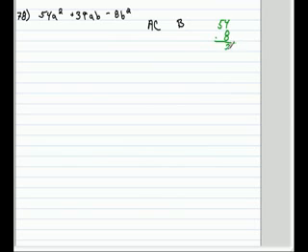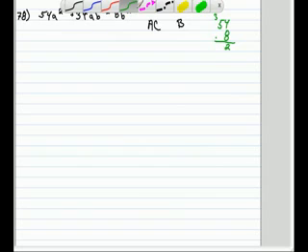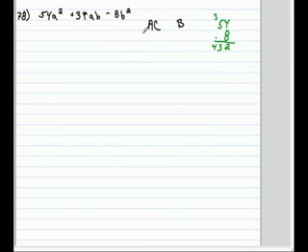I wind up with about 432. So I know my AC is 432. I know that my B is a positive 39.